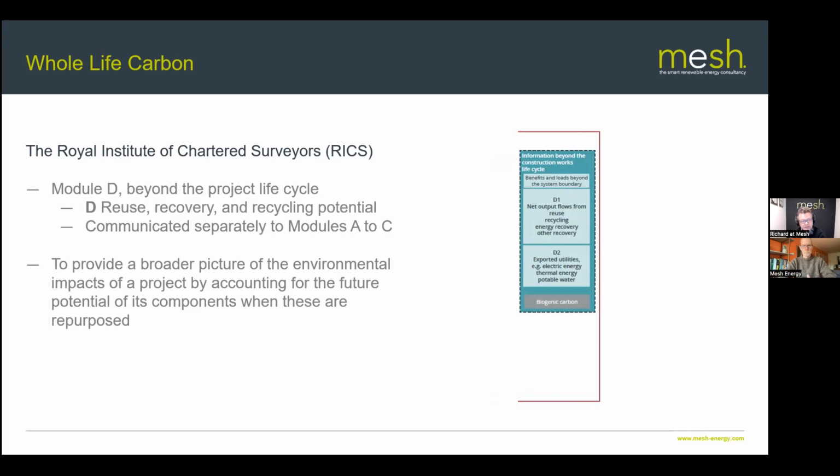But say those materials were to be used in another building, following on from the deconstruction of this one, then when you're looking at carbon sequestration in module A, the module D contributes to that new module A. So this way of thinking supports building circularity as well. And I'll touch on that a little bit later.